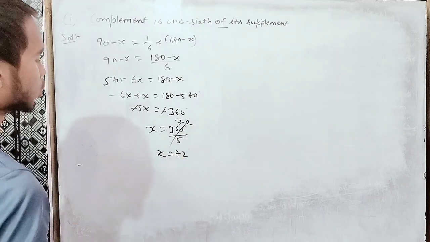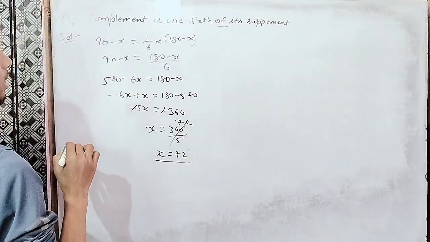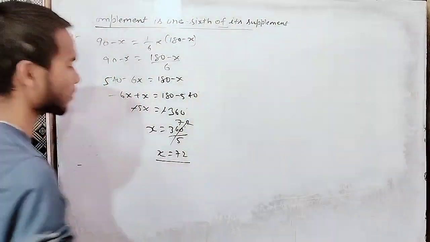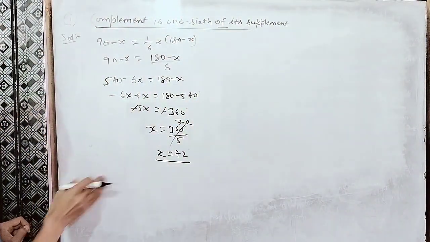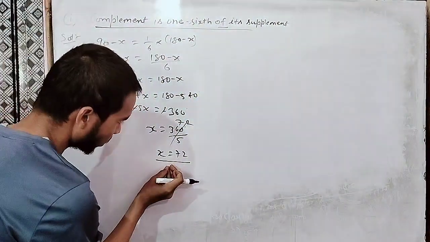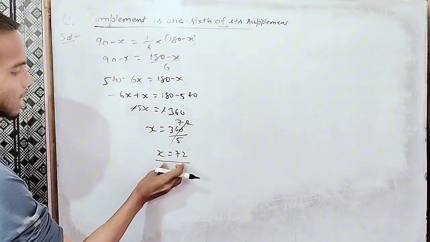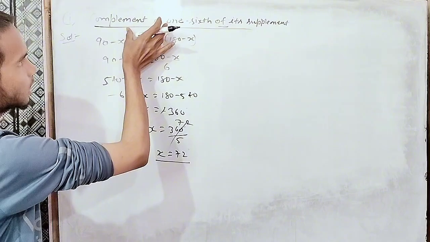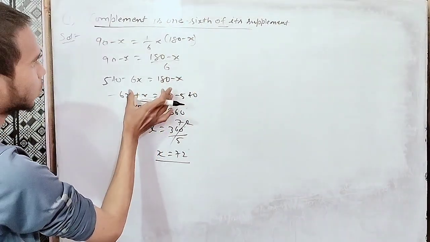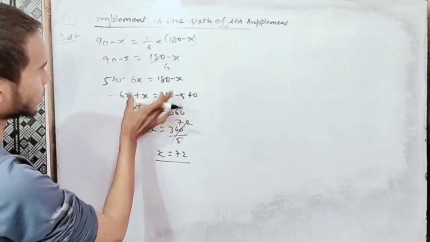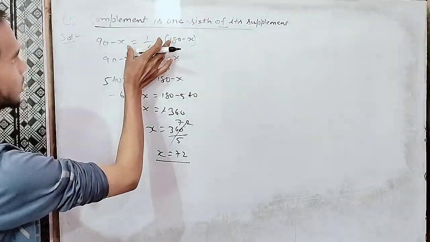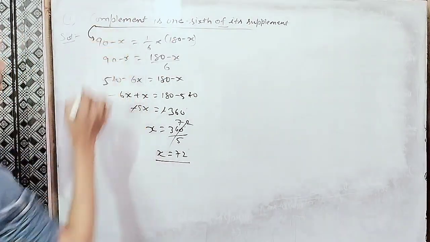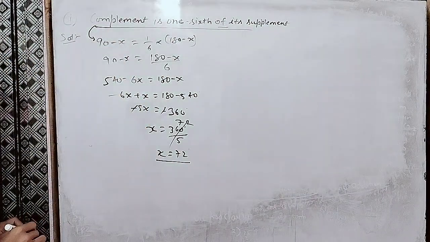X is 72. So this is the same as before. The difference is that we have the exact value of this statement, and we converted this statement into a linear equation.